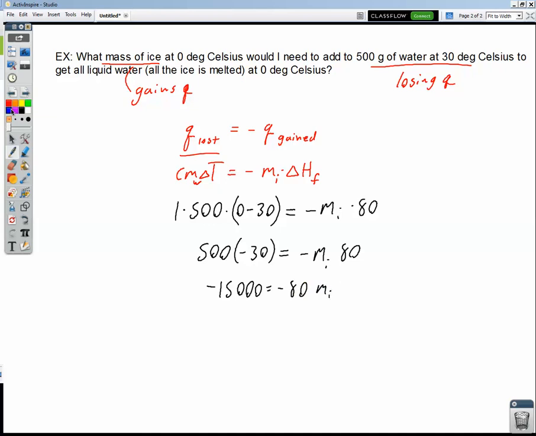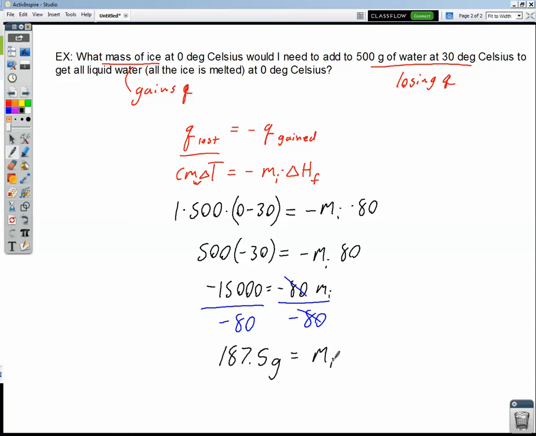Dividing both sides by negative 80, again, that negative sign goes away, which is why we put it in the equation in the first place. We end up with our mass of the ice. So 15,000 divided by 80 gives us 187.5 grams of ice is how much we need to add.